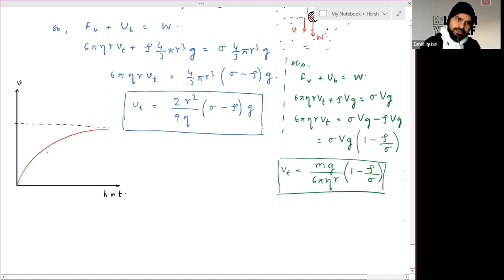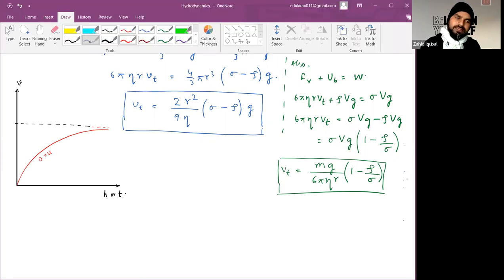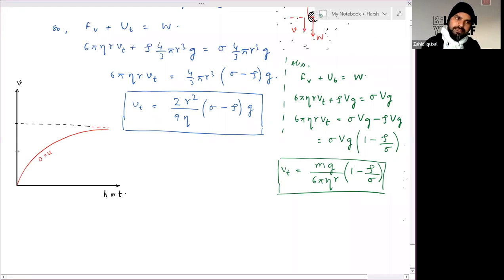In this part, u is 0. Suppose a body is projected at some initial velocity, but less than its terminal velocity, so it may follow this particular trajectory and still attain terminal velocity after some time. In this part, u is greater than 0, but less than its terminal velocity.